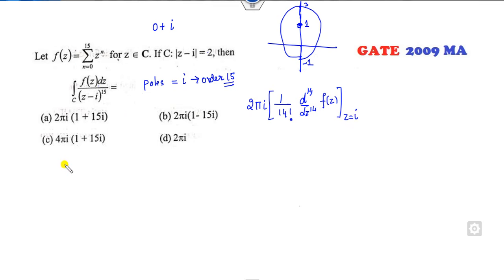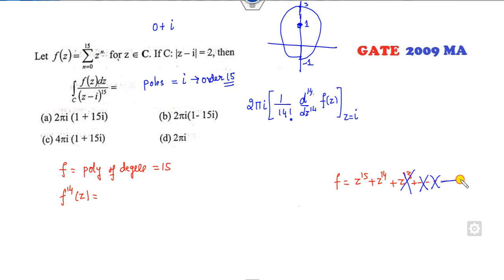Fine. Now it clearly says f is a polynomial of degree 15. So can you easily find the 14th derivative? Yes, I think you all know, if I say this is z^15, z^14, z^13 and so on, then when you take the 14th derivative, this value will be 0, this value will be 0, this value will be 0 and so on.